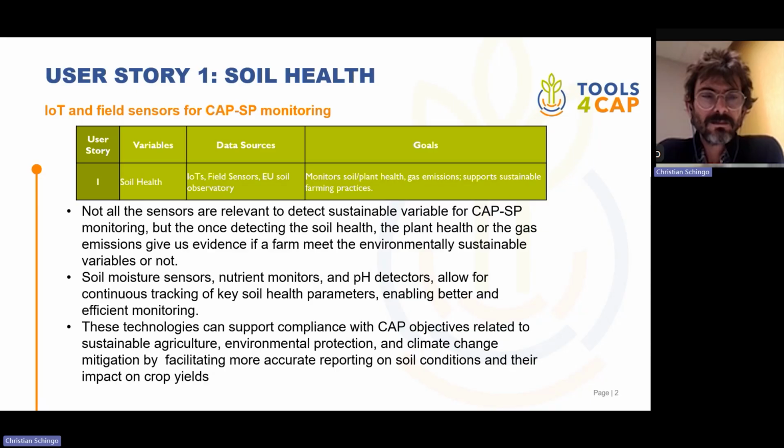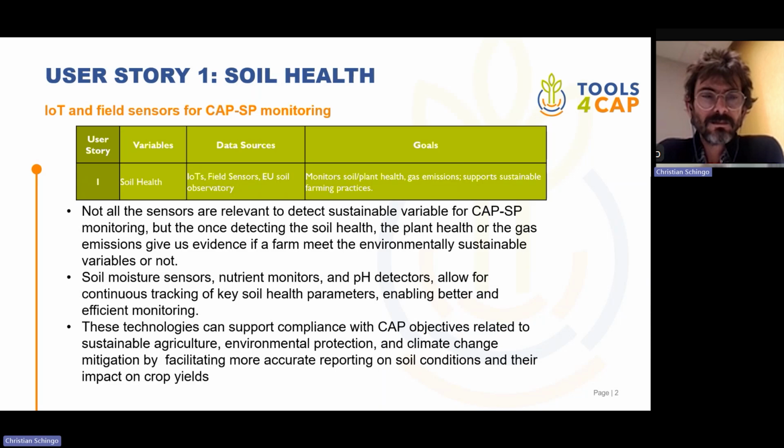Here, as you can see, the soil health, the variables, the data sources, and the technology that we are going to apply to detect these variables is the IoTs and field sensors. We have many sensors in the farm sector, but not all of them are relevant to detect sustainable variables for the CAP monitoring.